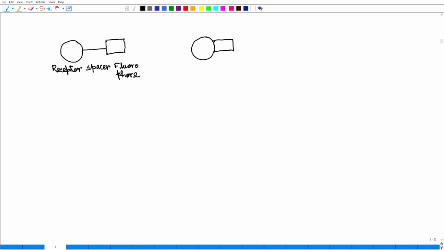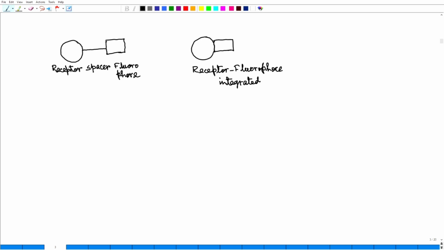So, this is receptor and fluorophore integrated, and here receptor and fluorophore are connected through a spacer, which is easy to design.